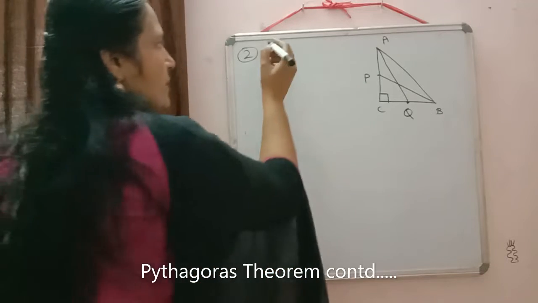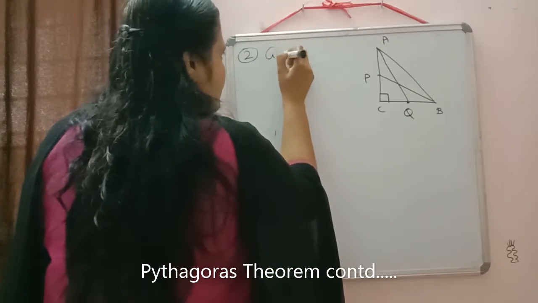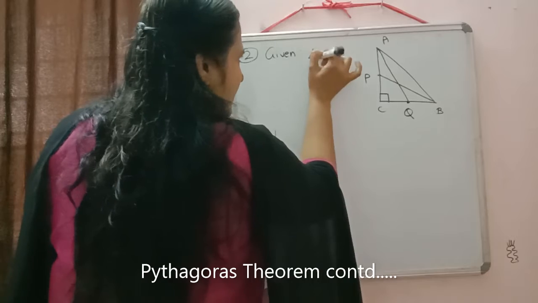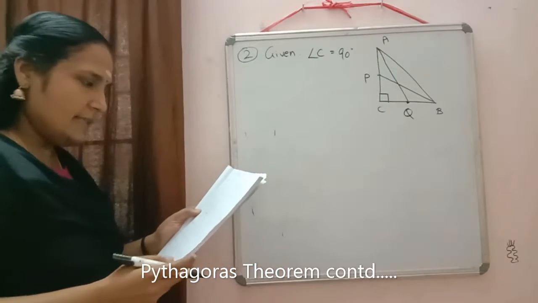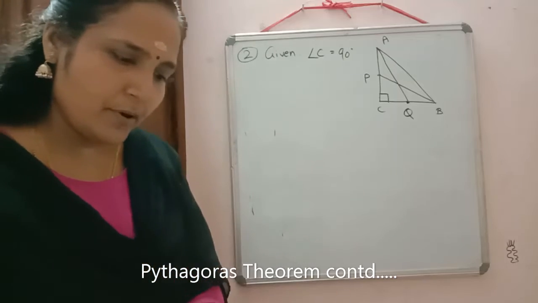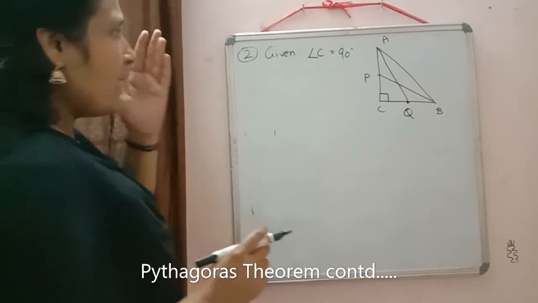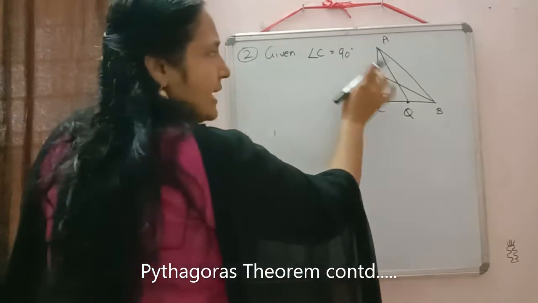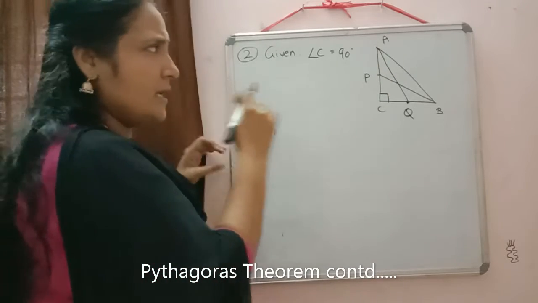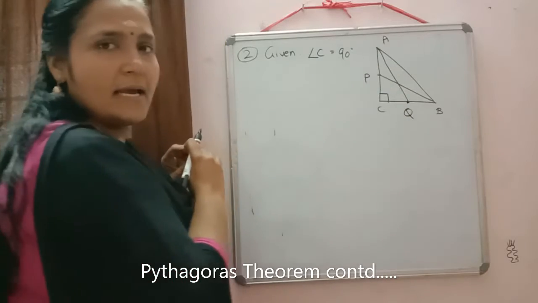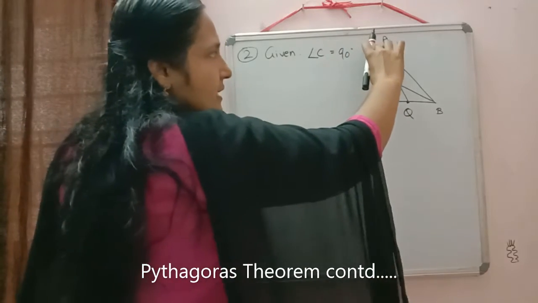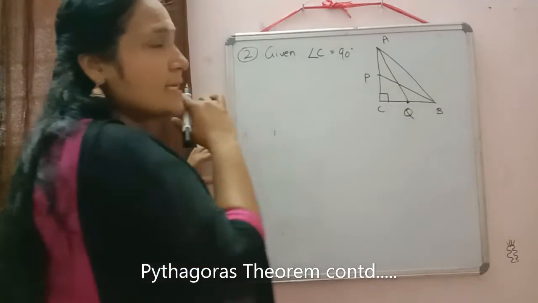Now we will check what is given in the question. First, angle C is equal to 90 degrees is given. And then it is given P is the midpoint of AC. So what relation will come there? First relation, AP and PC will be equal. And what is the relation between AP and AC?